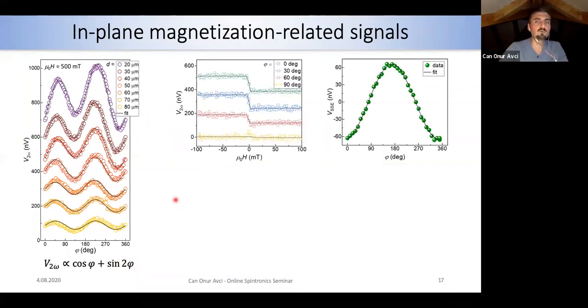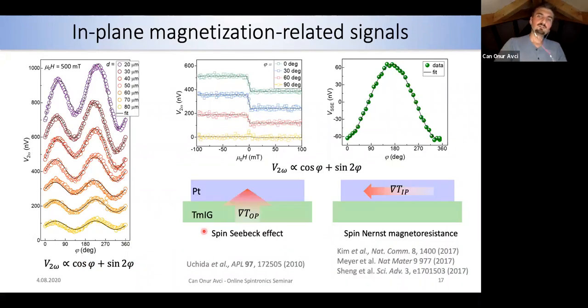In order to confirm the cos φ behavior, we also did a field sweep measurement. A field sweep means that the magnetization rotates by 180 degrees, and that would let you separate the contributions from cos φ and sin φ. So we have a cos φ contribution for sure, and a sin φ contribution for sure, but where do they come from?